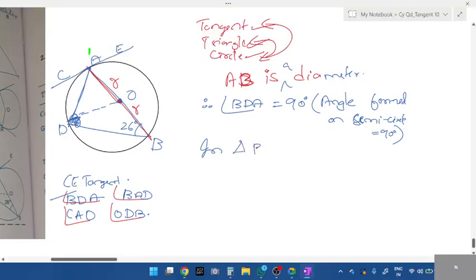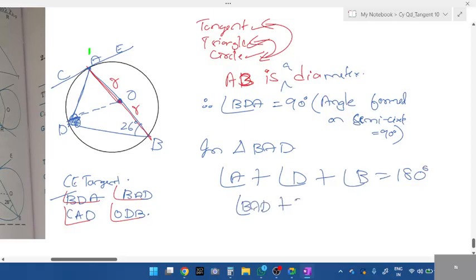In triangle BAD, angle A plus angle D plus angle B is equal to 180 degrees. Angle BAD plus 90 plus 26 equals 180. BAD is equal to 180 minus (90 plus 26). We'll get angle BAD.